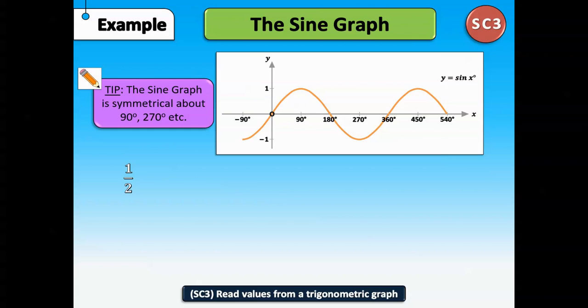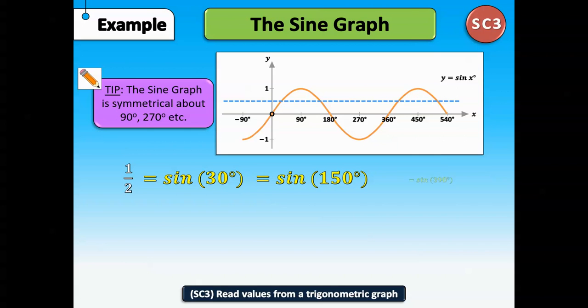If we look at the line y equals a half, which is there, we can see it passes through sine 30 degrees and sine 150 degrees and sine 390 degrees.